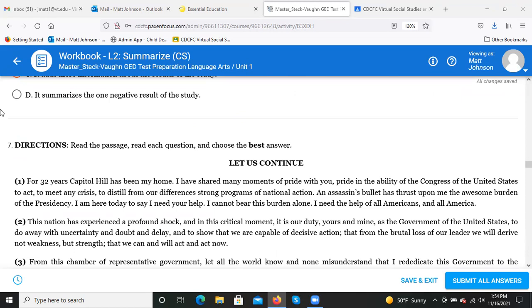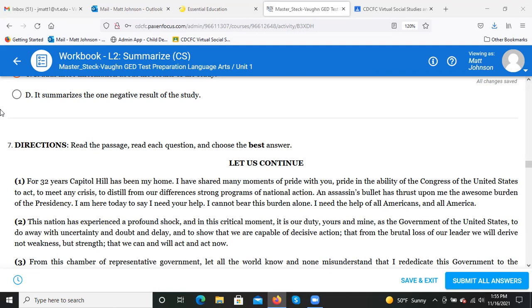So let us continue. For 32 years, Capitol Hill has been my home. I have shared many moments of pride with you, pride in the ability of the Congress of the United States to act, to meet any crisis, to distill from our differences strong programs of national action. An assassin's bullet has thrust upon me the awesome burden of the presidency. I am here today to say I need your help. I cannot bear this burden alone.